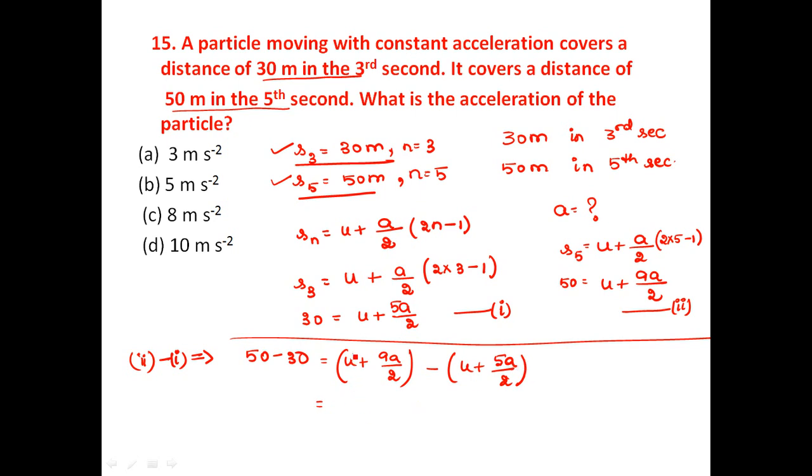By cancelling u and u, 9a by 2 minus 5a by 2 is equal to 20. So 20 is equal to 4a by 2. Therefore, a is equal to 40 by 4, which is equal to 10 meter per second square. The correct option among the given 4 options is option D, 10 meter per second square.